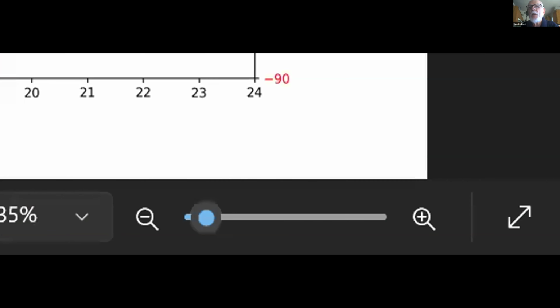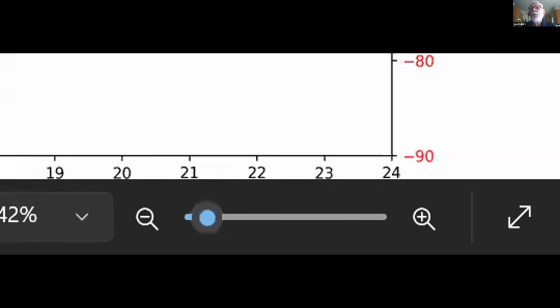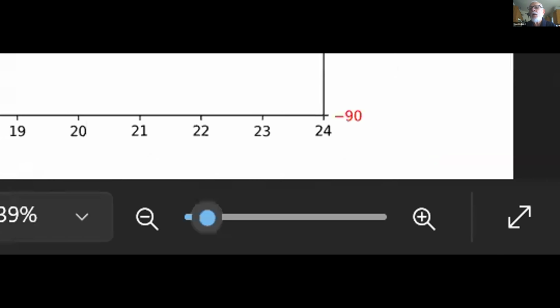Murphy's Law. Now we see something very zoomed in, only a very small part of the lower right-hand area.